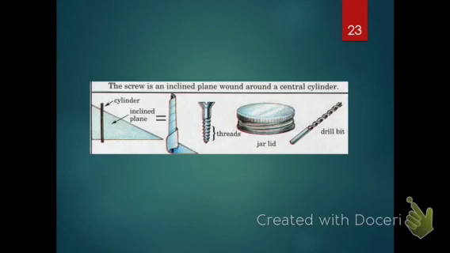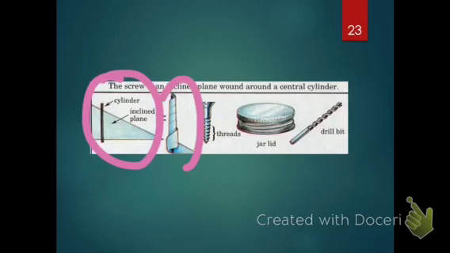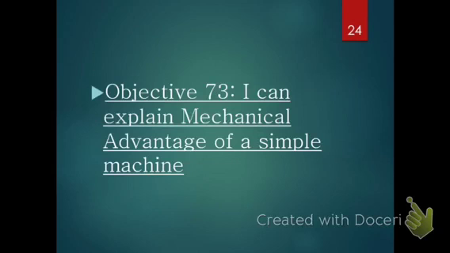I think there's a better example over here. Yeah. So you can see here's the cylinder and the inclined plane, and then it gets wrapped around, and as it wraps around, that creates the threads. So your drill bits, your jar lids, all of those things, an actual screw, all of those are examples of how a screw is used. And that's it for simple machines.